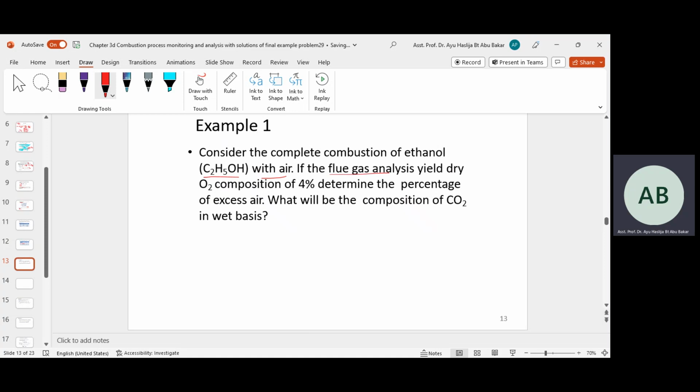The flue gas analysis shows a dry O2 composition of 4%, so O2 in dry basis is equivalent to 4%. It asks you to determine the percentage of excess air. Then you need to determine the composition of CO2 in the wet basis.